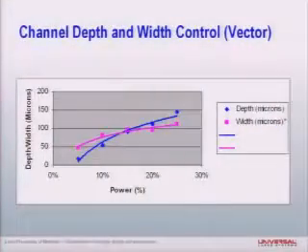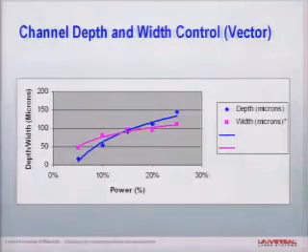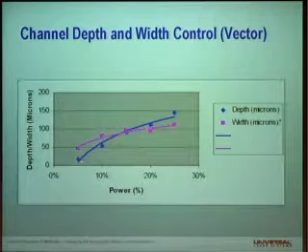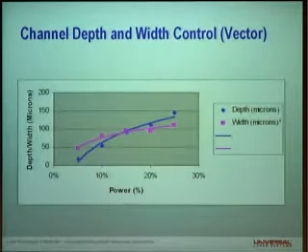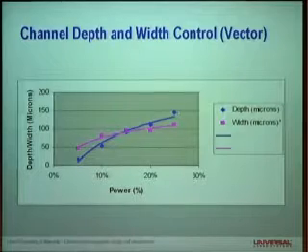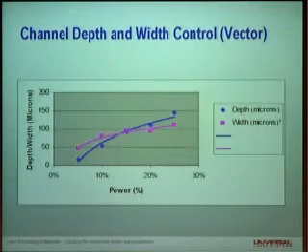We did a characterization over several powers, and as we increased the laser power, we were able to pretty predictably control both the depth from about 20 microns deep up to 130 microns, and control the width from about 50 to about 110 micron width for just a vector cut across the surface of a piece of acrylic.